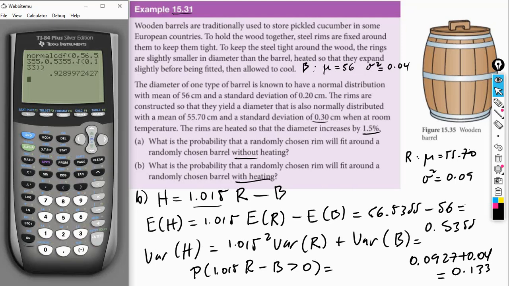So we hit enter, and we get 0.929. So it's a 92.9 or 93% chance that it will fit.